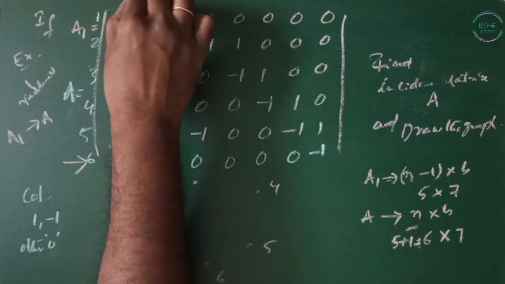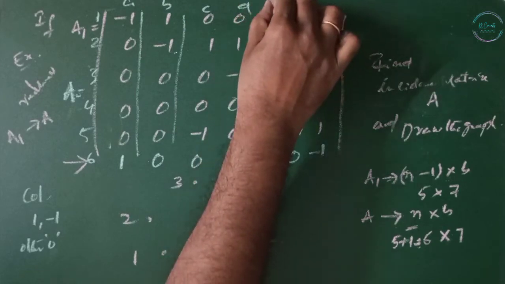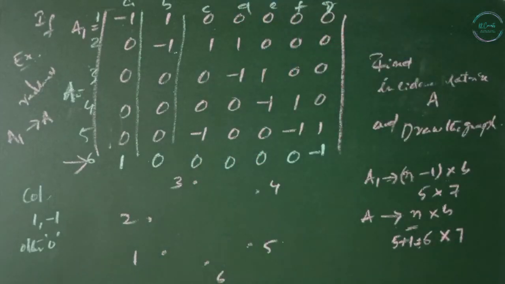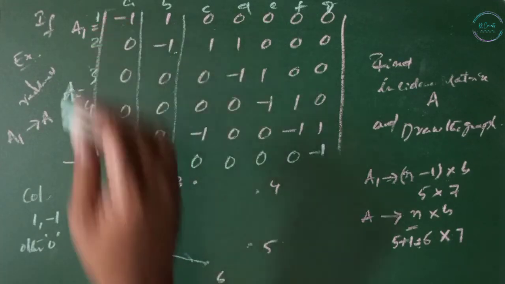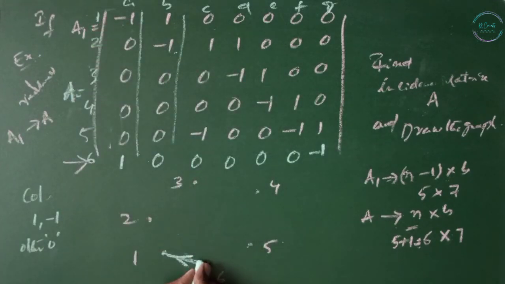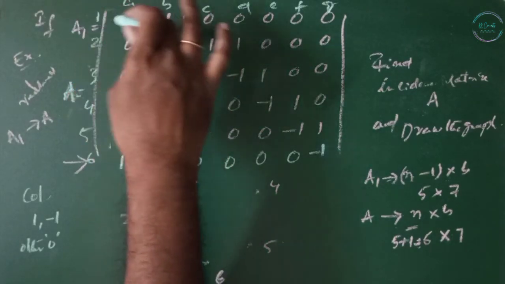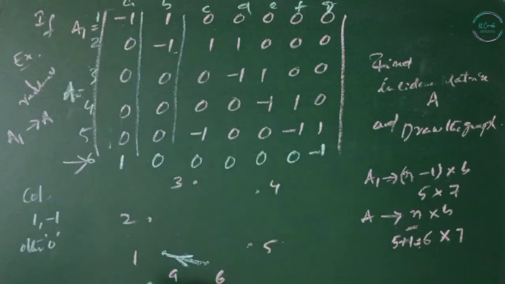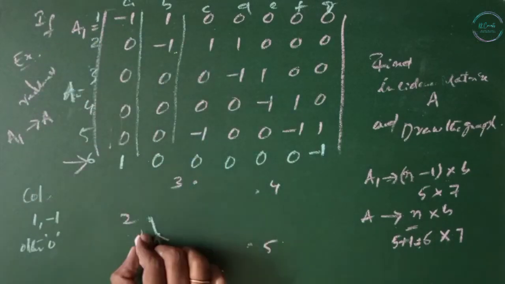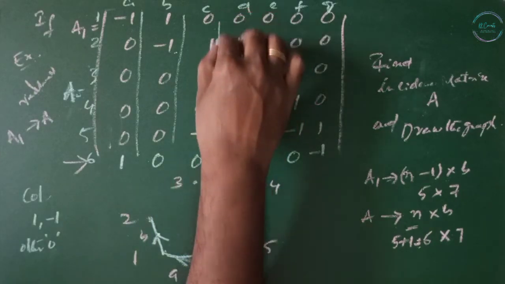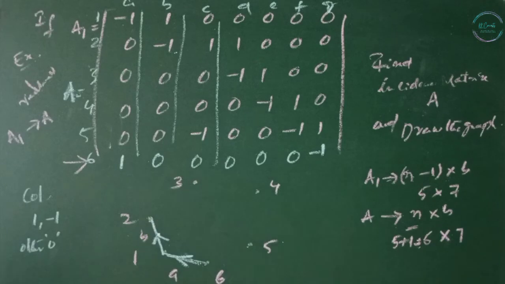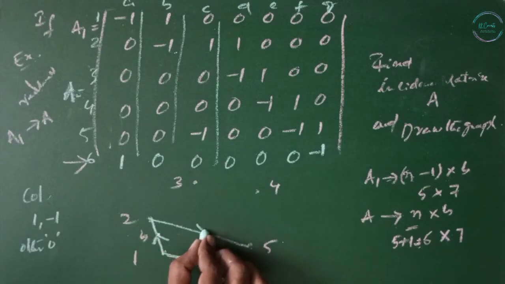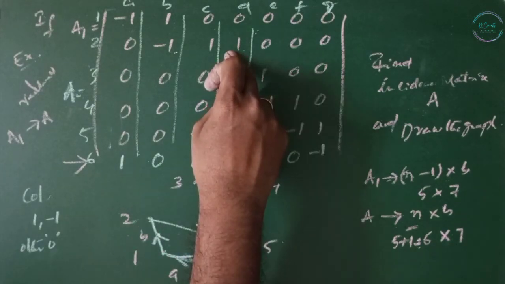Let the branches be A, B, C, D, E, F, G. The first element A is between 1 and 6. It is coming towards 1 and going away from 6. Now the second column, B, is going away from 1 and coming towards the second node. The third, C, is going away from 2 and coming to 5. D is away from 2 coming to 3.